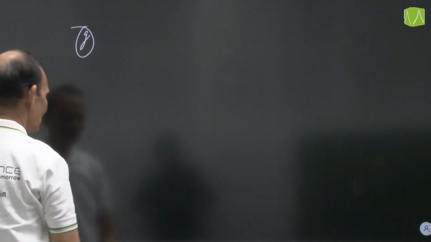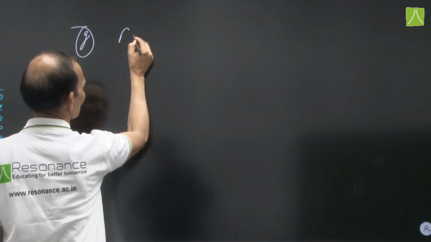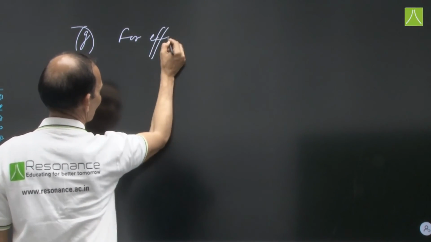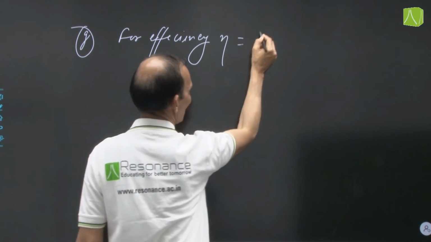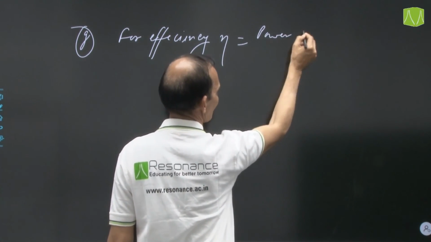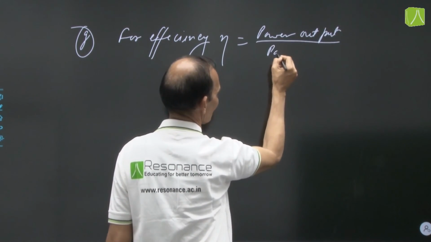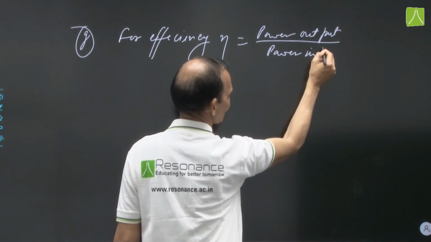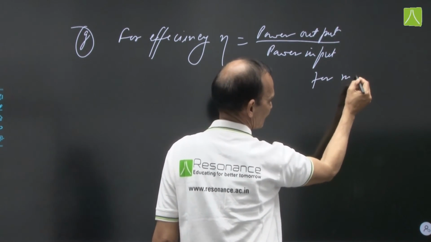That is the G part, you have to find the efficiency. For efficiency, eta is power output upon power input, but it is for maximum power.